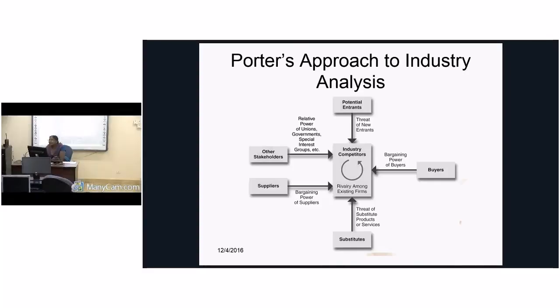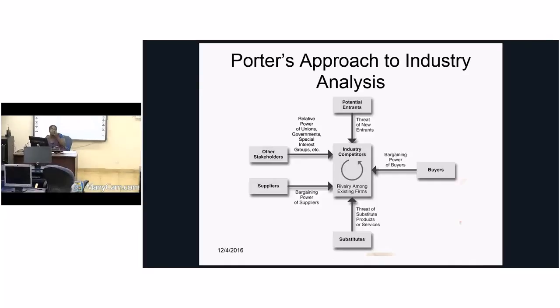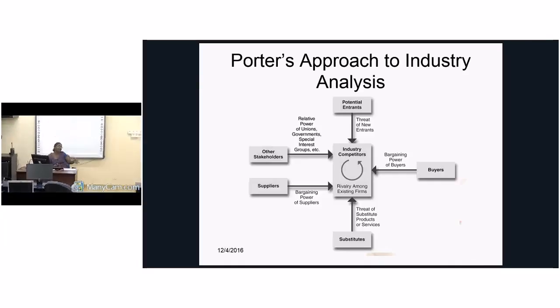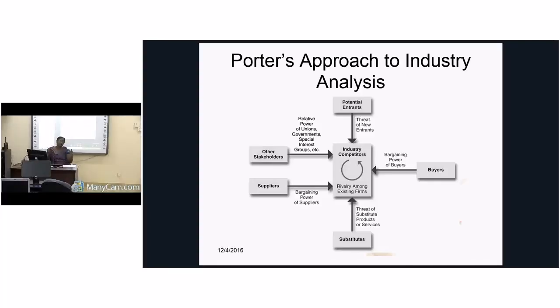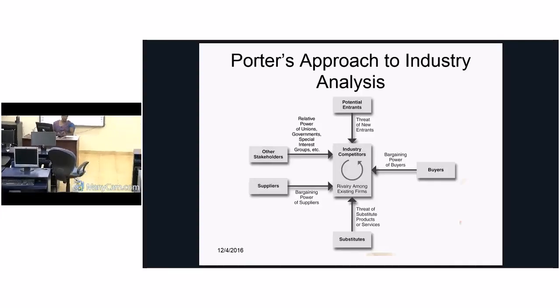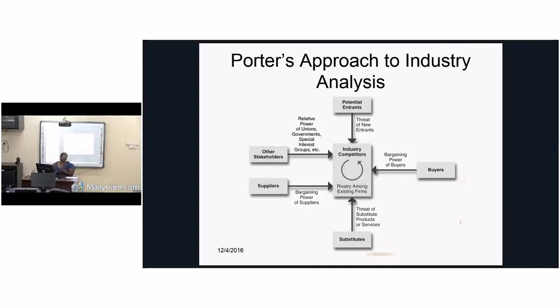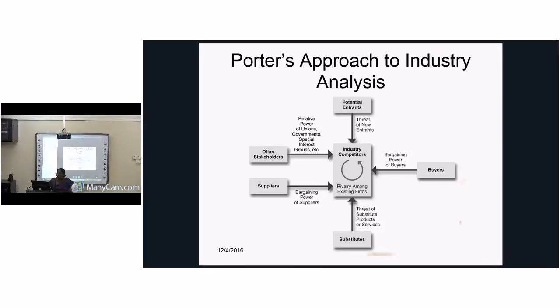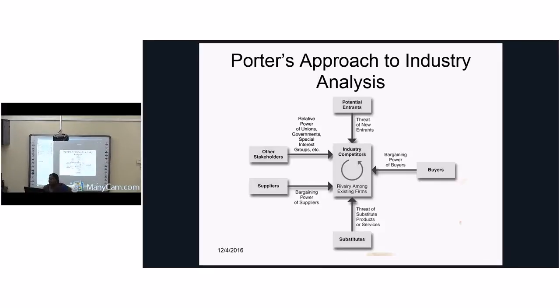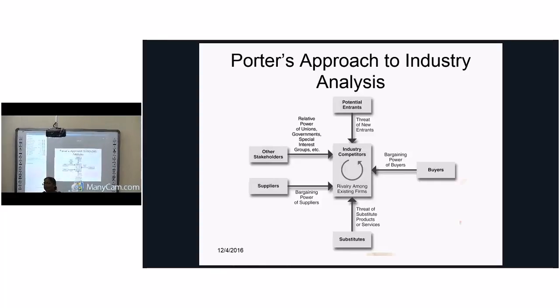The industry consists of you and your competitors, your company and other competitive companies, right? These forces exert power over you and your competitors.